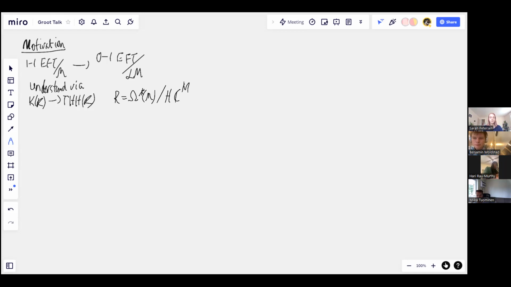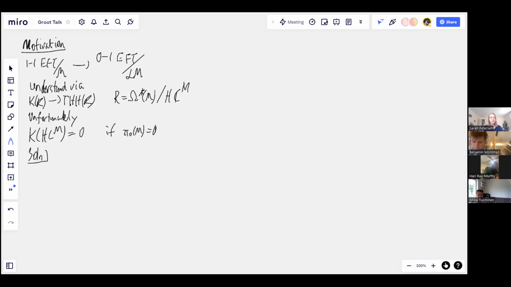Now, unfortunately, it turns out that the K-theory of HC to the power of M is trivial if M is connected. So basically, long story short, I needed to understand these objects better computationally.